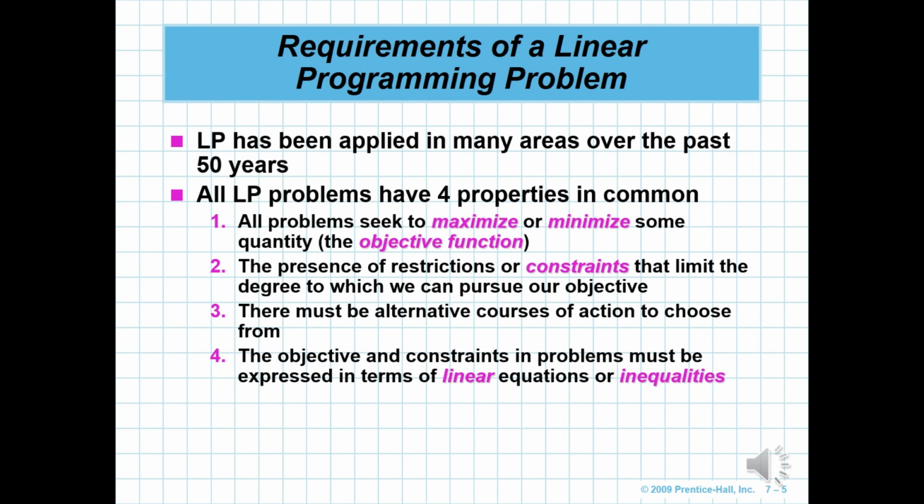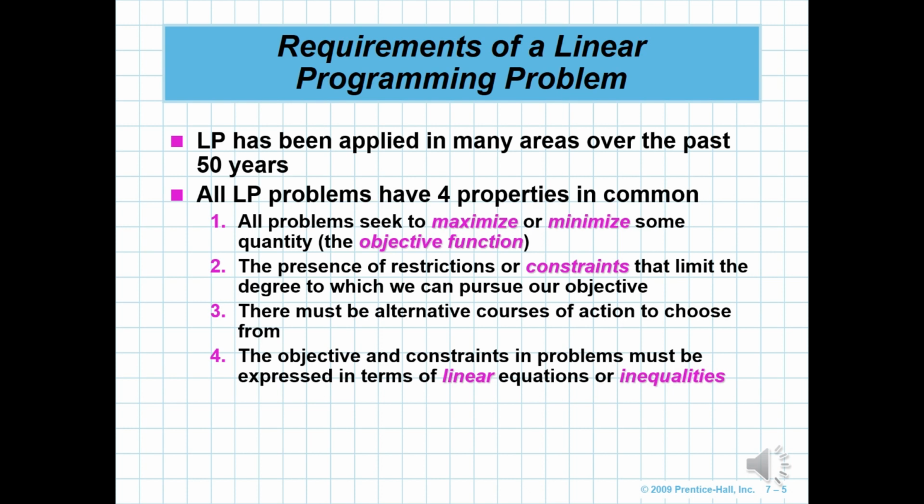The first one: for all the problems in this world, we have two types of objective. Maybe we want to maximize a certain value, or we want to minimize a certain quantity. This objective we call the objective function in the linear programming model.